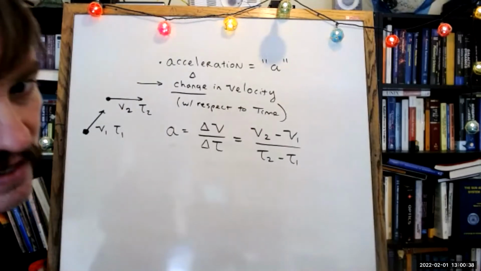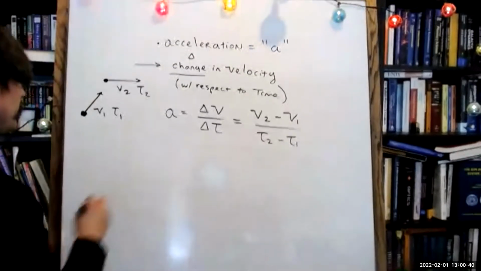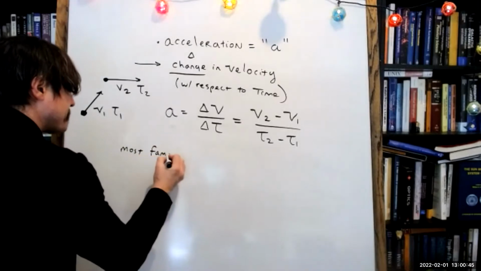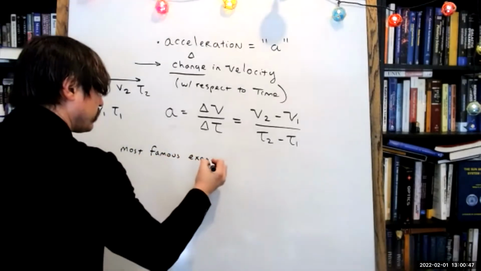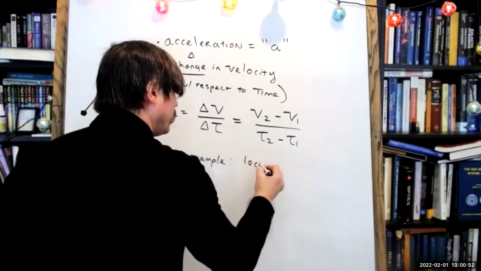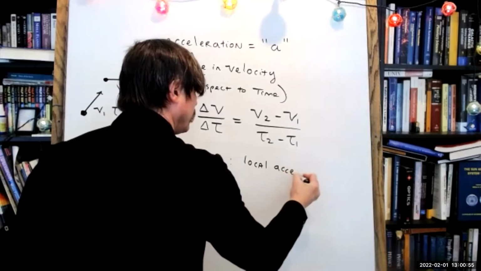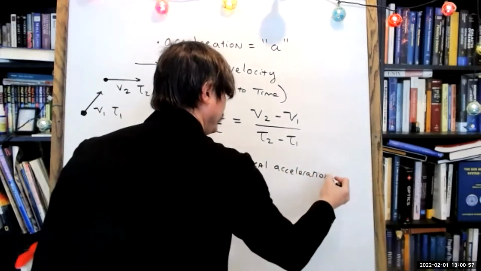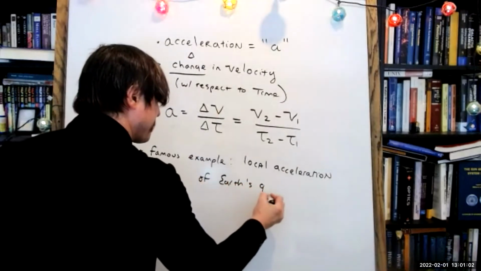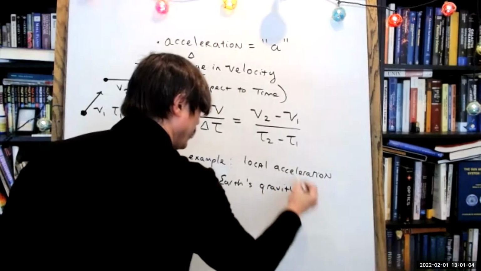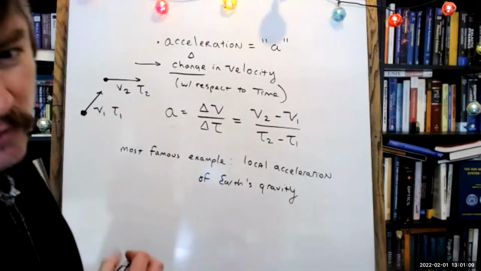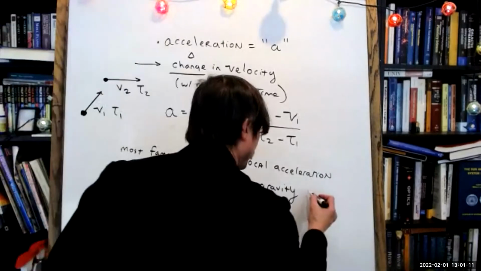And I'll show you a slide in a second. Perhaps the most famous example is something called the local acceleration of Earth's gravity, which is such an important acceleration in physics that we honor it with its own letter, lowercase g.